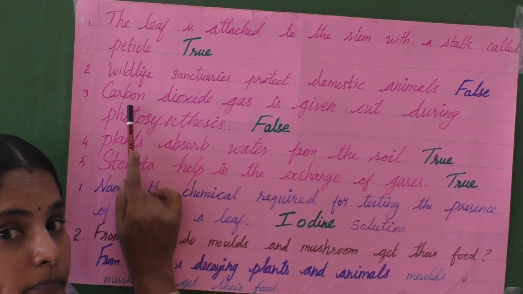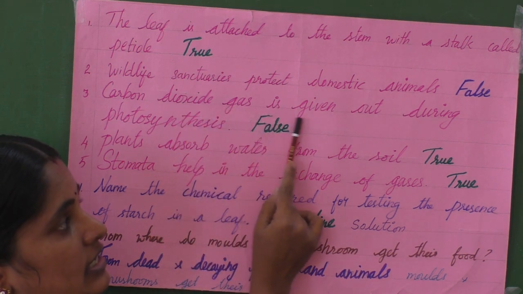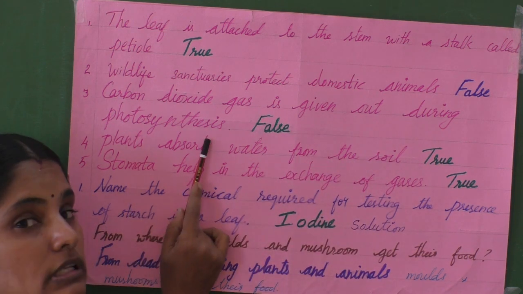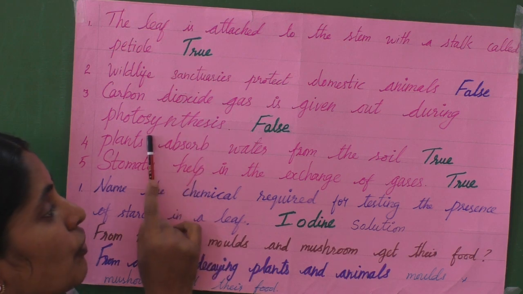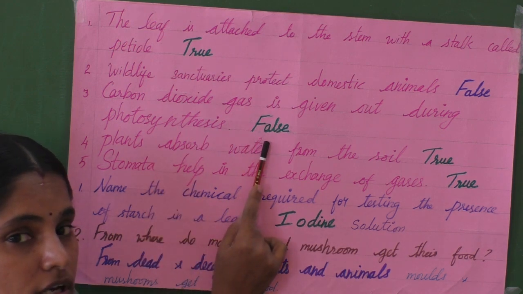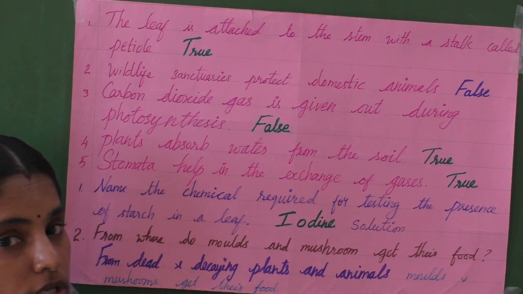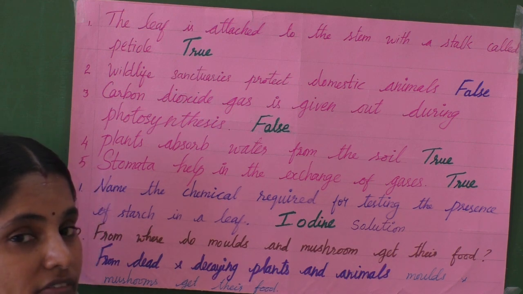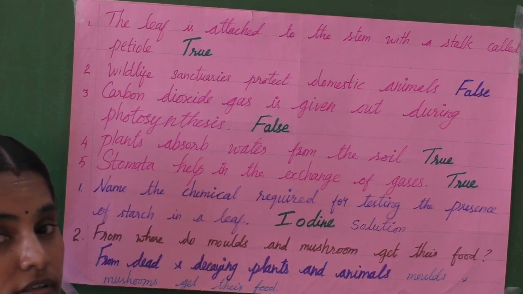Then third one, carbon dioxide gas is given out during photosynthesis. False. Actually, photosynthesis needs carbon dioxide. Preparation of food takes in carbon dioxide, whereas it gives out oxygen.